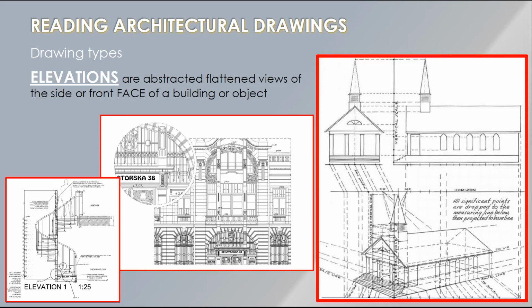So, if you look at the detailed elevation, you can guess just by looking at it that all of those elements in that elevation are not in the same plane. They occur at various distances away from the viewer, but the flattened version allows you to understand the architectural relationships between those things.